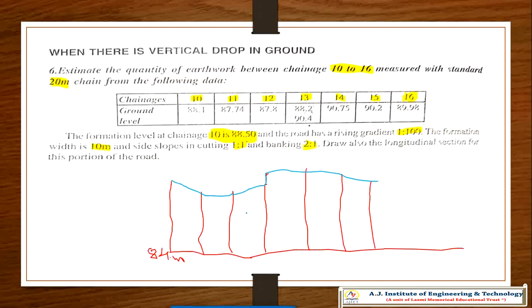So now this is 10, 11, and so on. Every chainage distance is how much? 20 meters. Clear. Hope you got it. Now we'll move to the solution.